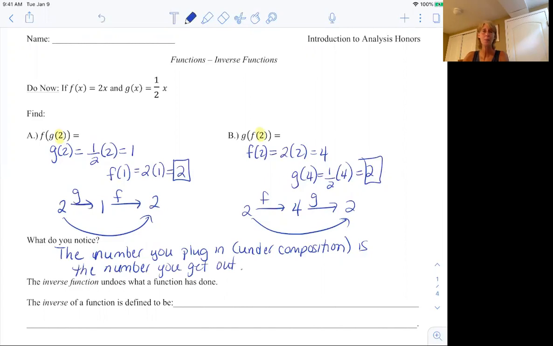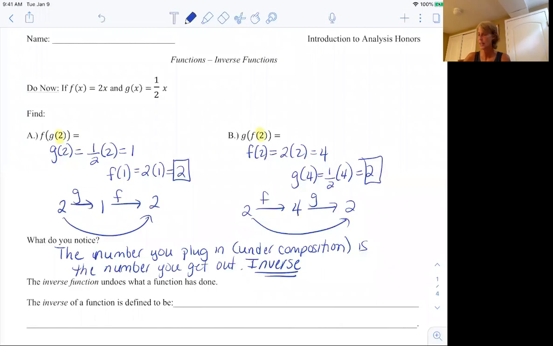And this has something to do with these two particular functions, okay? These two particular functions are inverses of each other. And when two functions are inverses of each other, this is what's going to happen.